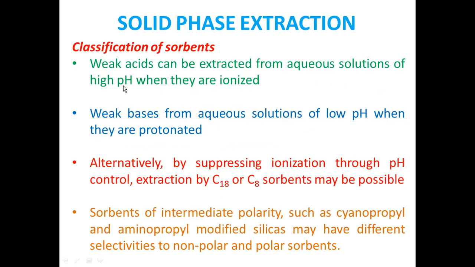For weak acids, you have to maintain high pH, because weak acids should undergo ionization, should undergo dissociation. At lower pH, weakly acidic species do not undergo dissociation or ionization. So you have to maintain a higher pH. When they are ionized, their interaction with the ion exchange sorbent becomes very easy.